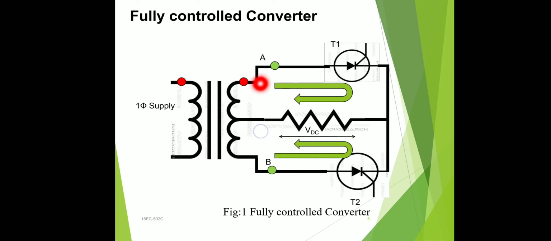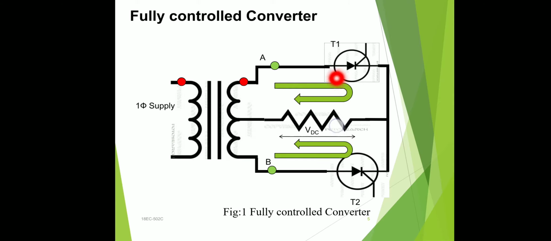With this A is positive with respect to B, and for the negative cycle A is negative with respect to B. That means B is positive with respect to A. Right. This is about the center tap transformer.